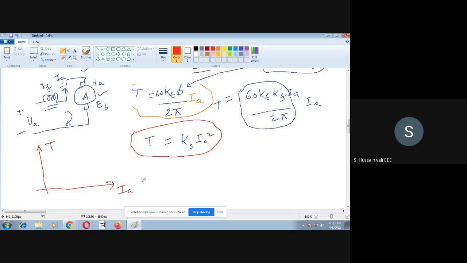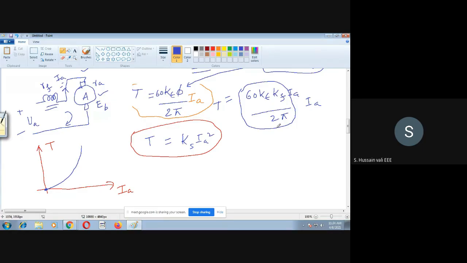So you will get a parabolic graph, something like this. I am not sure whether we call that a parabolic or a hyperbolic graph, but if you take different values of Ia and draw the values of T, you will get a graph something like this. This is the relationship between torque and current in the case of the DC series motor.